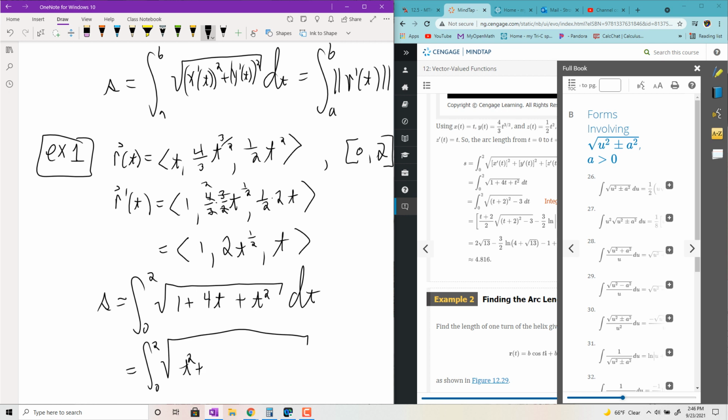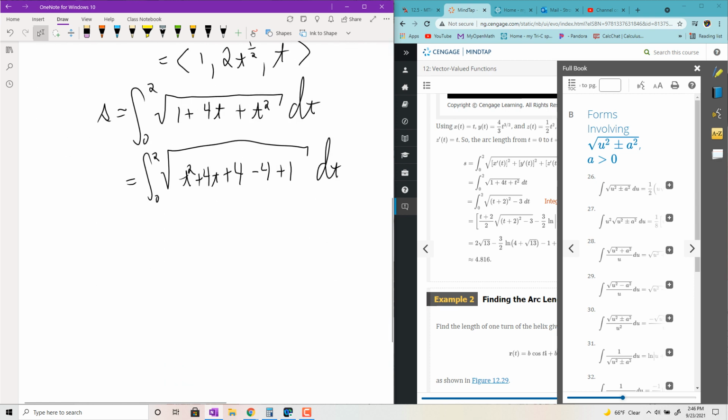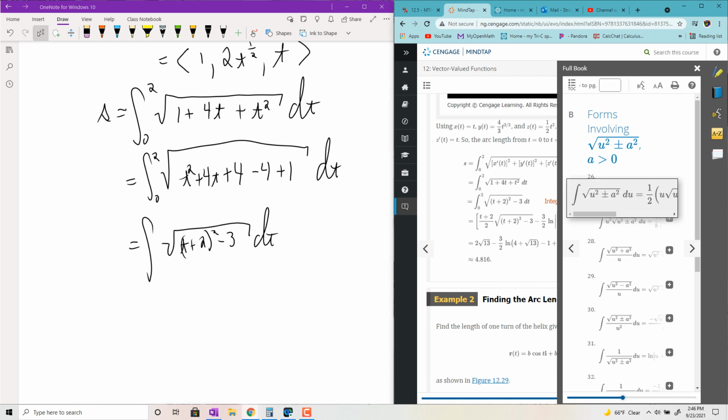I have to complete the square. I get t squared plus 4t plus 4, the 4 being 2 squared, then immediately subtract 4 plus 1 dt. So I have the square root of t plus 2 squared minus 3 dt. And then we're using Formula 26. In my case, u is t plus 2, and my a value is the square root of 3.